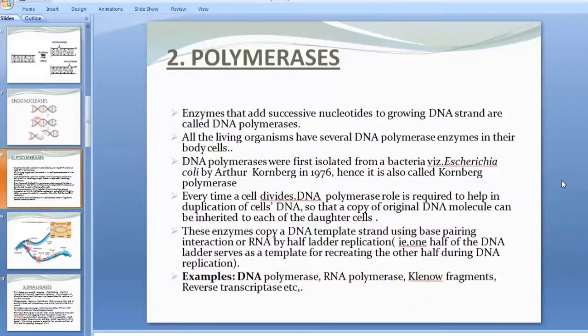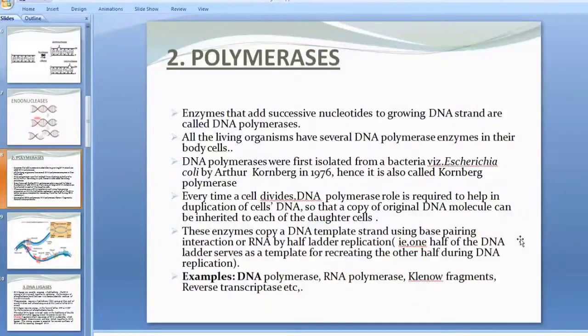So one half of that ladder serves as a template to create the other half during DNA replication. This theory was proposed by Watson and Crick. Watson and Crick themselves described this process, which is called half ladder replication.